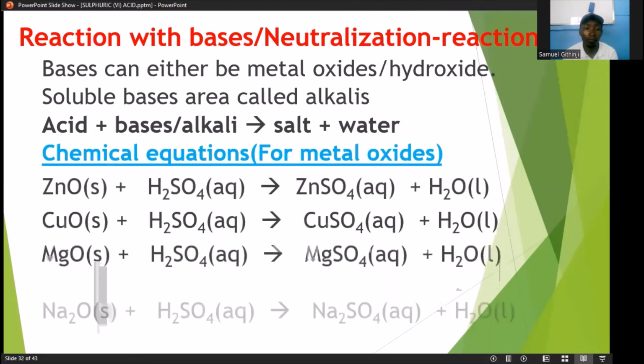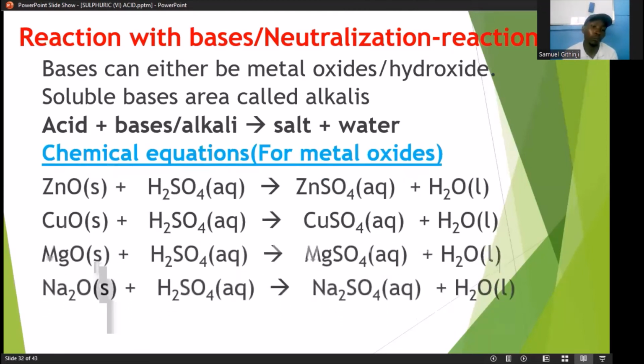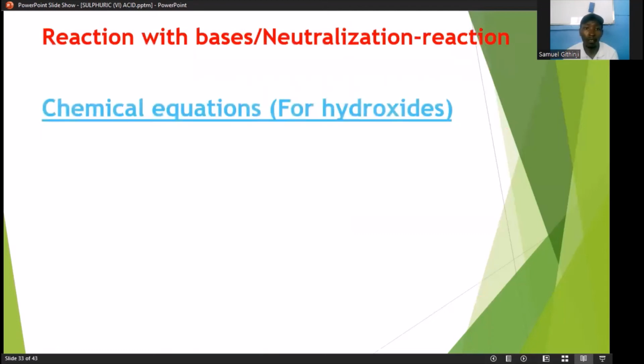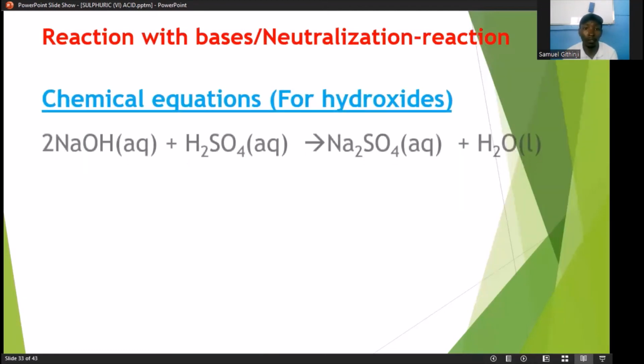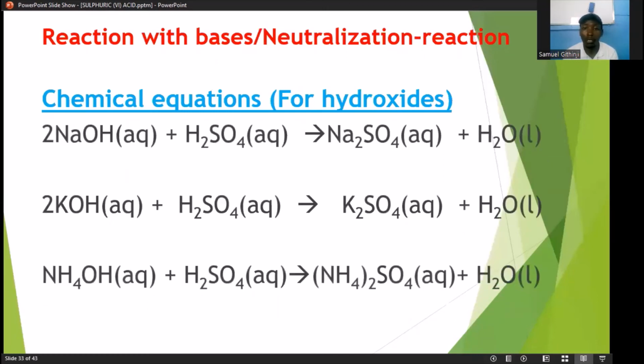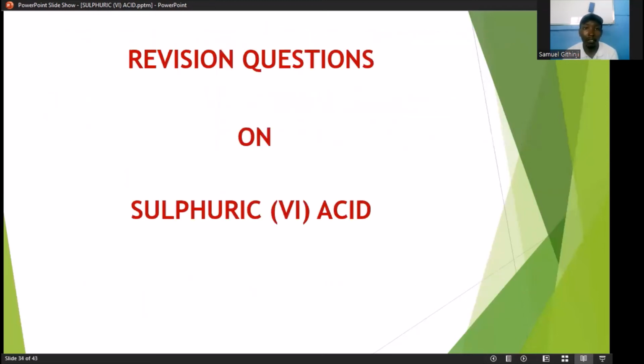You can see a metal oxide reacting with sulfuric acid, you get the sulfate salt and water. If we proceed to the next reaction of sulfuric acid with some hydroxides, you can see what exactly happened. Again, it's a salt and water. Good.